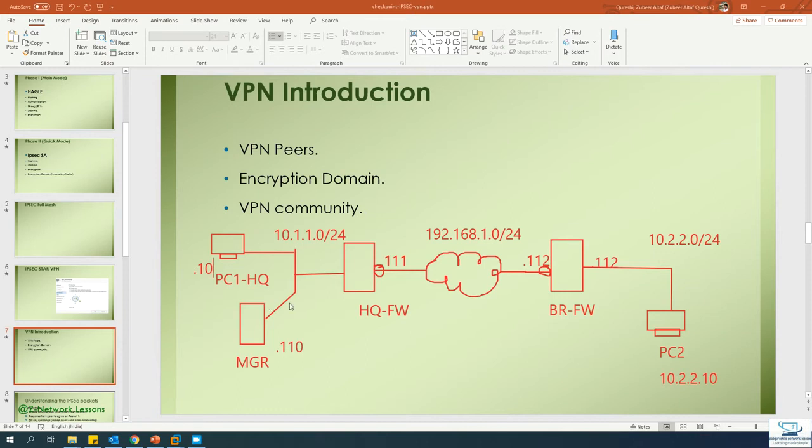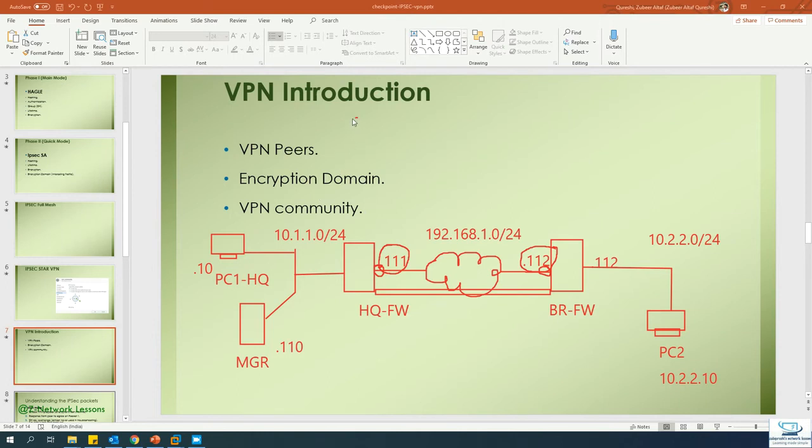Okay, so hope you understood the whole design that we have in our lab, and we will be building a tunnel in between like this. The VPN peers are nothing but the IP addresses on the external side of the firewall that we are going to use to form the VPN. So for the branch firewall, the peer IP is .112, and for the headquarters firewall, the peer IP is .111.